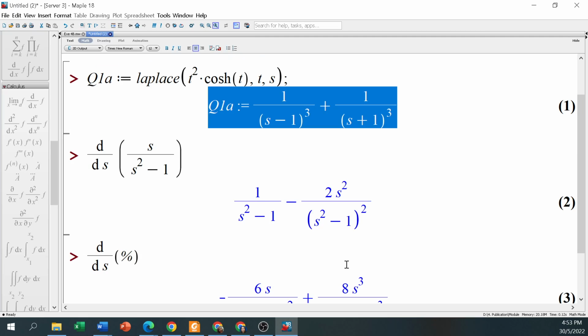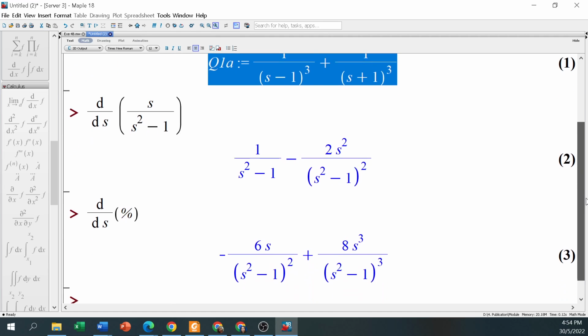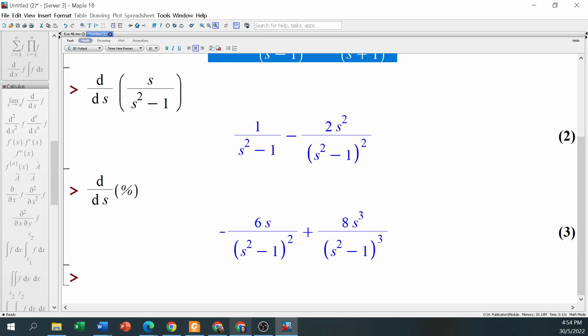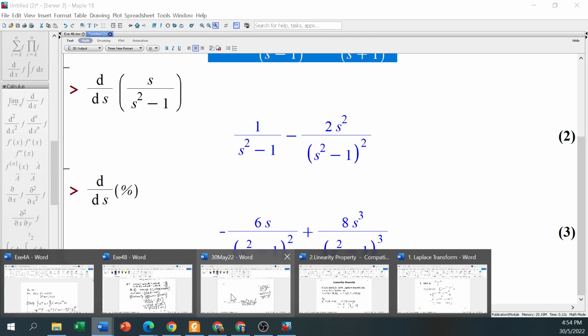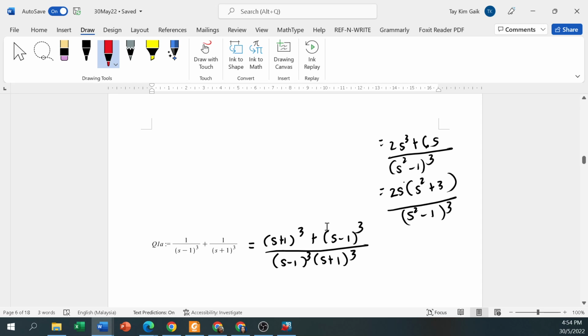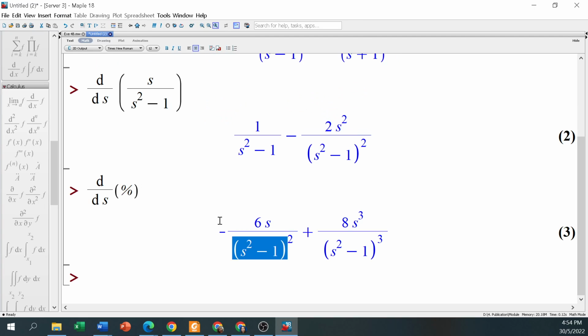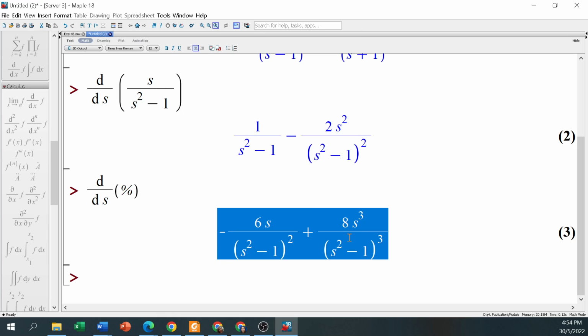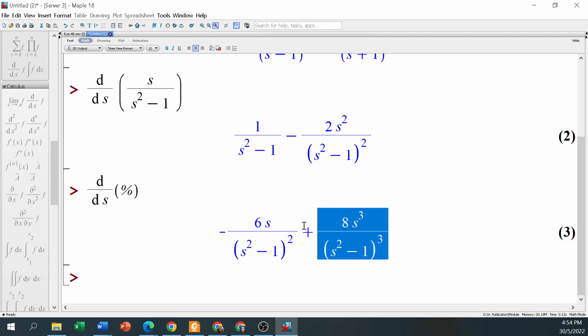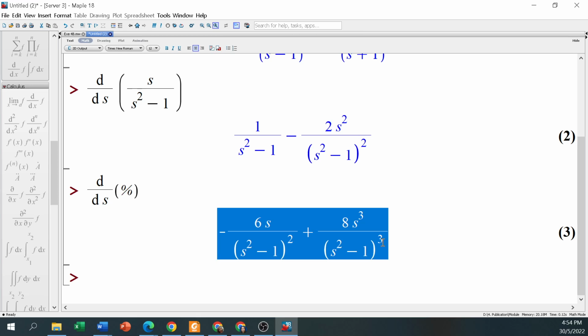So just now, up to here, we differentiate one time. The result here is from differentiating the second time, and this is the result when we expand. This is the differentiation second time by Maple, this result.